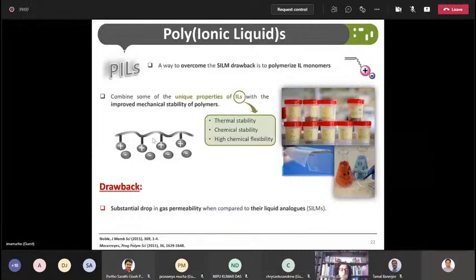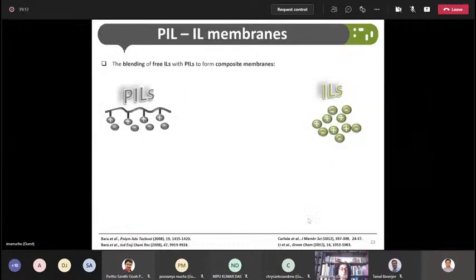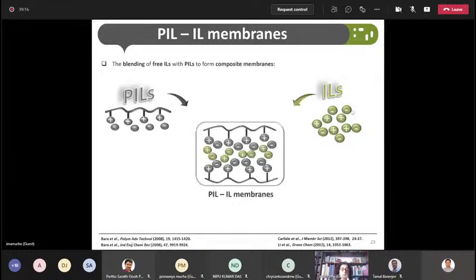So what we did was to blend the polymeric ionic liquids and the ionic liquids and form composite membranes. In this way, we can have the mechanical stability of the polymeric ionic liquids and the conductivity of ionic liquids.